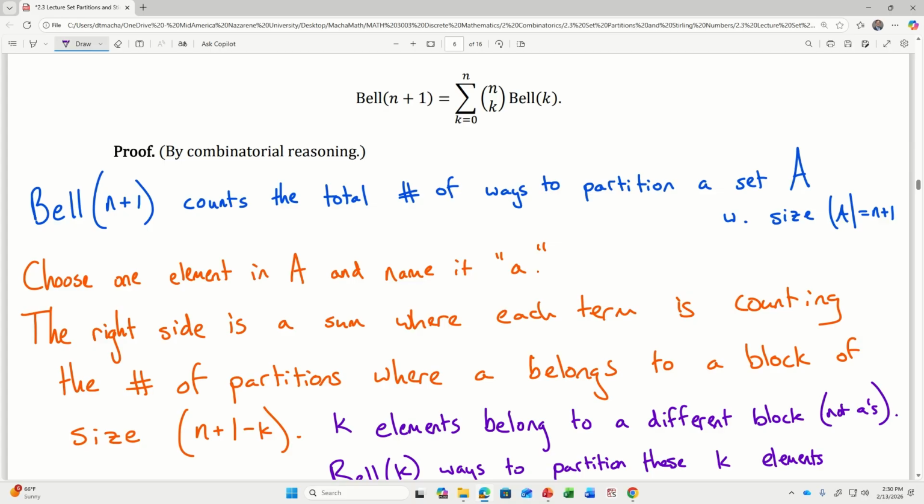And when I add all of these up, where k equals 0, meaning that every element belongs to A's block, all the way up to k equals n, where a is in a singleton block and all the other elements don't belong to A's block, adding up all of those possibilities is going to give me the left side, which is the total number of ways to partition the set.